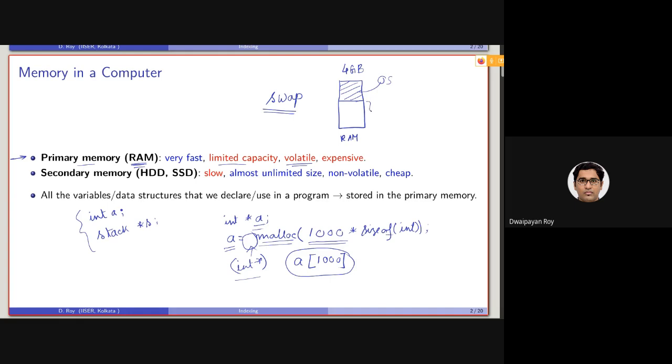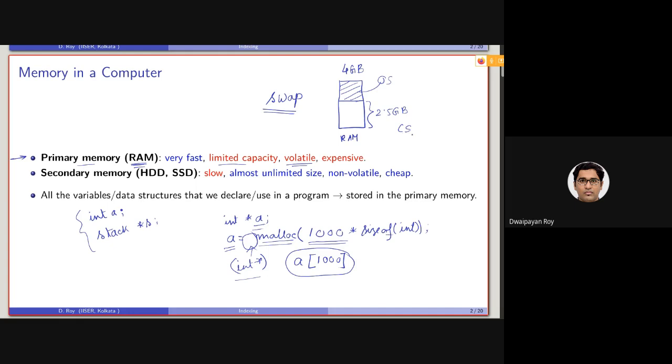So maybe you end up with, say, 2.5 GB of space for your use. Let's say you start playing Counter-Strike, you launch Counter-Strike.